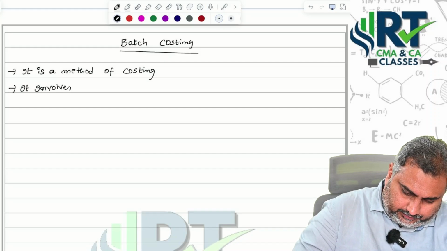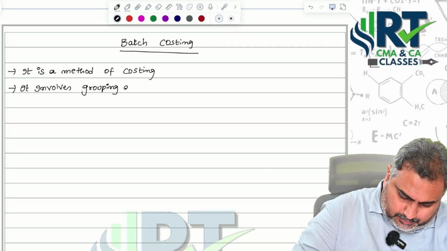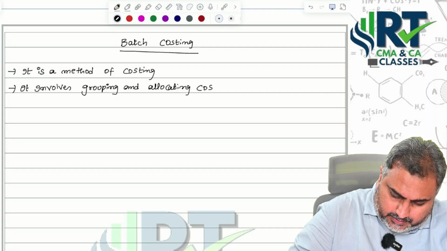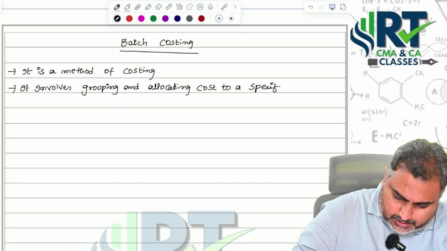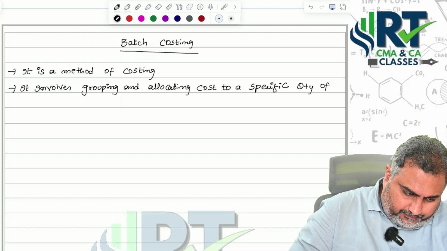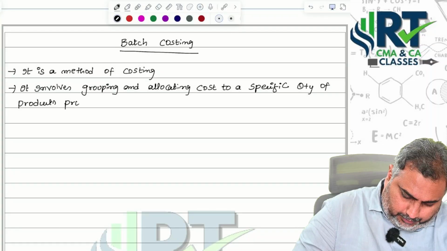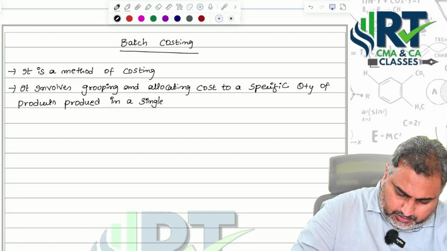It involves grouping and allocating cost to a specific quantity of products produced in a single batch.